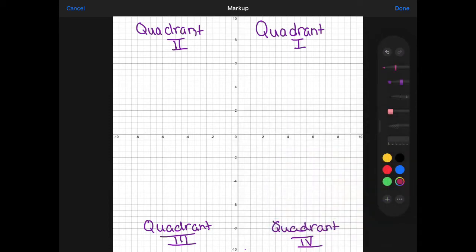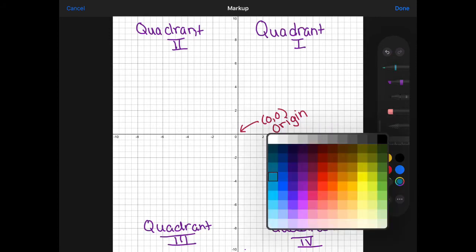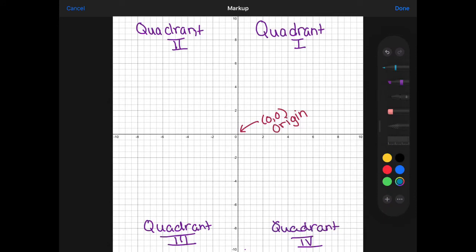Pick different colors here. This center point, 0, 0, is known as the origin. We now have the x-axis, which is our horizontal axis. This axis is our x-axis.